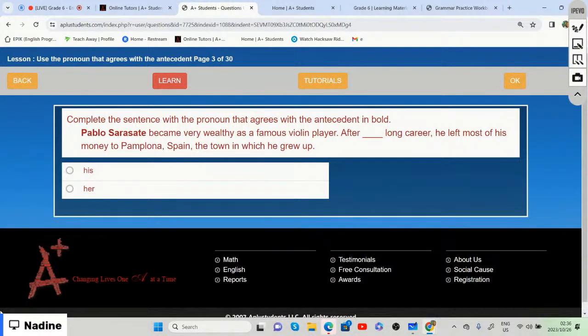Pablo Sarasate became very wealthy as a famous violin player after his long career or after her long career. He left most of his money to Pamplona, Spain, the town in which he grew up. Is it his long career or her long career? His or her?